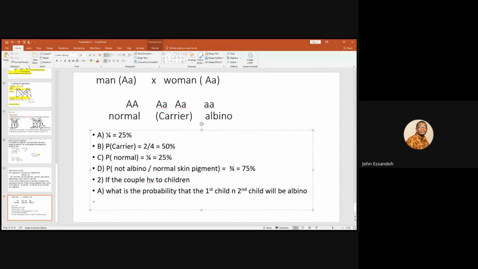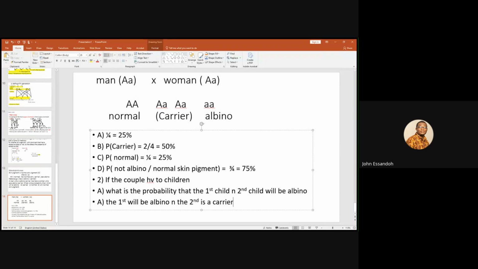And then B. What's the probability that the first child will be albino and the second is a carrier?